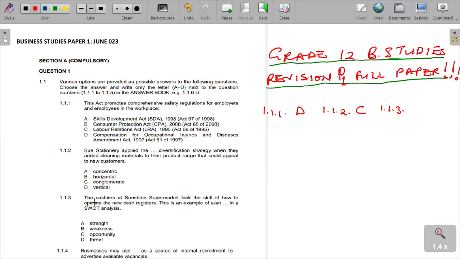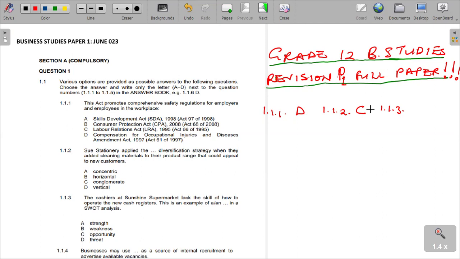It can be used for a business to identify its strengths and its weaknesses, so that it can build on or emphasize them. So which one is this, where the cashiers lack the skill of how to operate the new cash registers? What does it fall under in terms of the SWOT analysis elements?